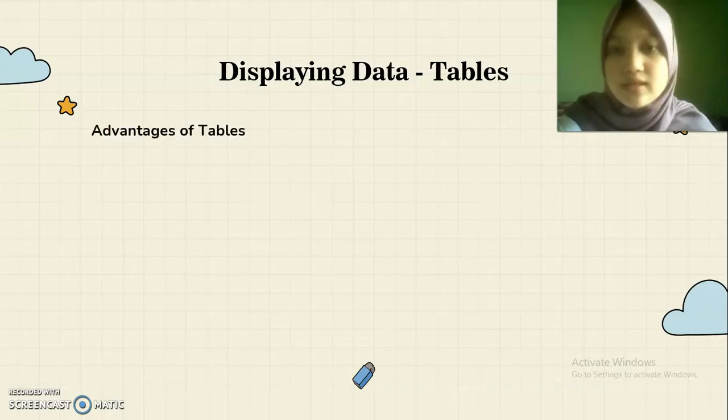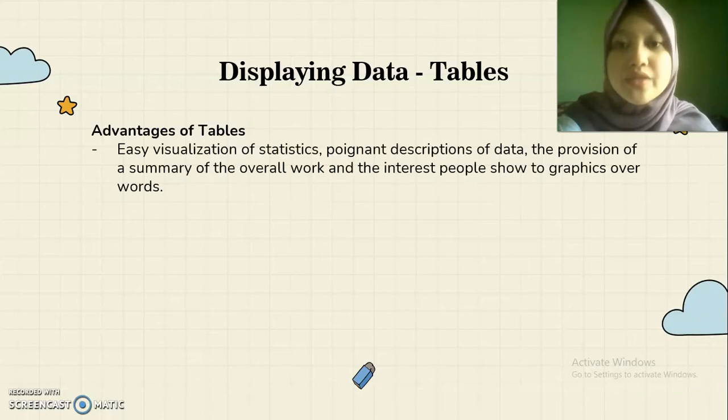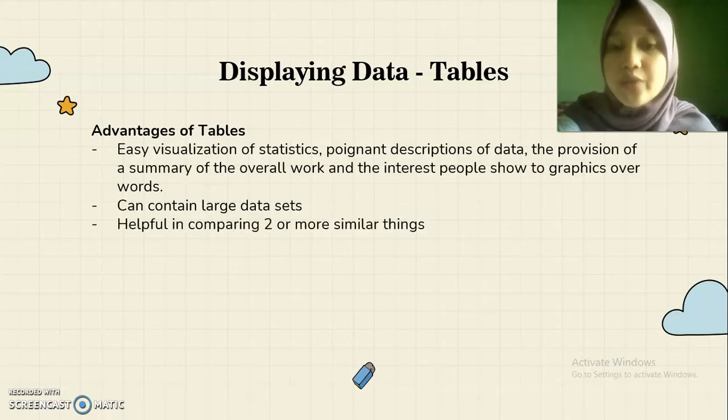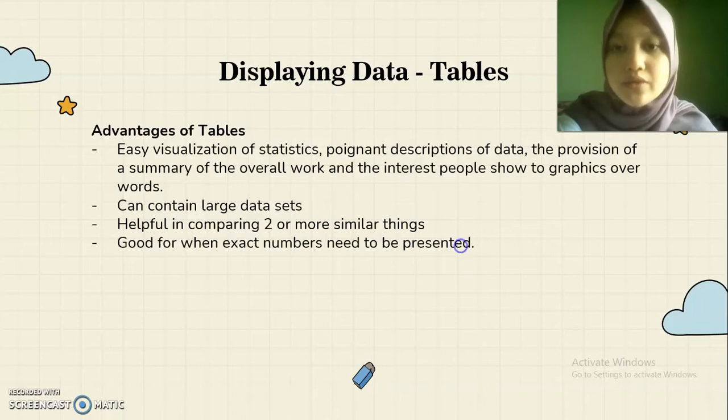For advantages: easy visualization of statistics, poignant description of data, the provision of a summary of the overall work, and the interest people show in graphics over words. They can contain large data sets, are helpful in comparing two or more similar things, and are also good for when exact numbers need to be presented.